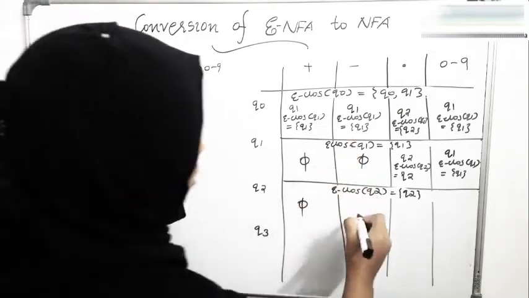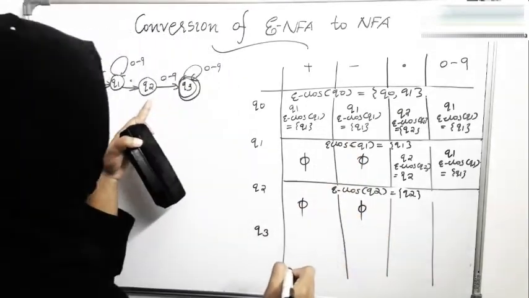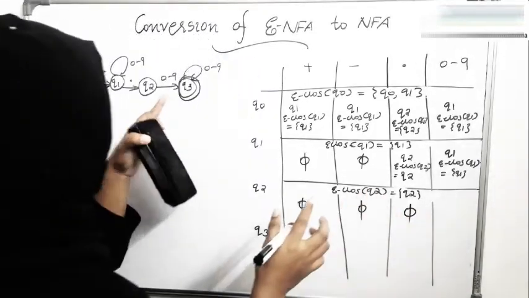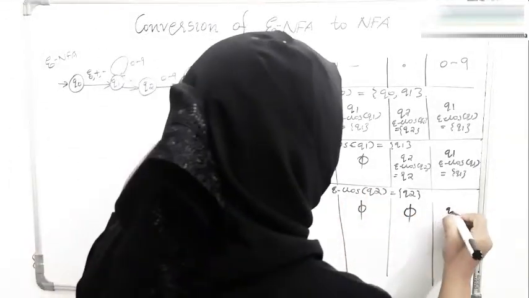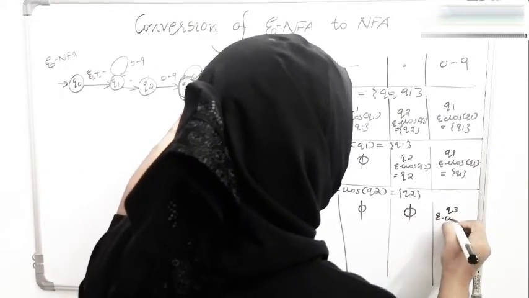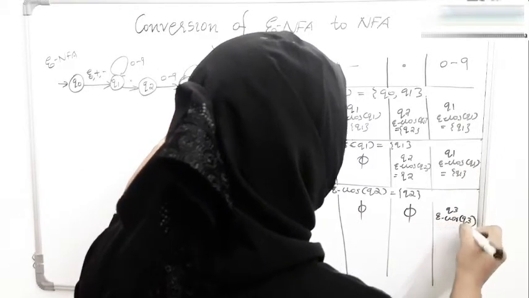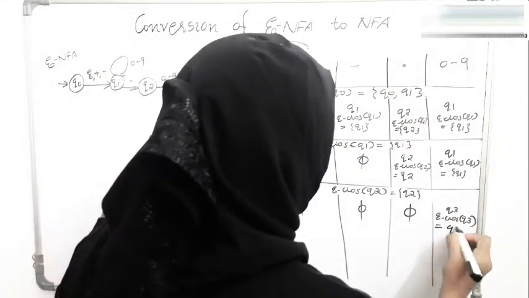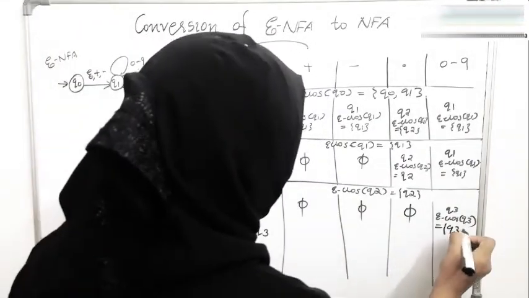Q2 comma minus not defined. Q2 comma dot not defined. Q2 comma 0 to 9 will take you to Q3. Now you have to take E close of Q3. E close of Q3 is Q3 itself, because you can't go anywhere else with the help of epsilons.